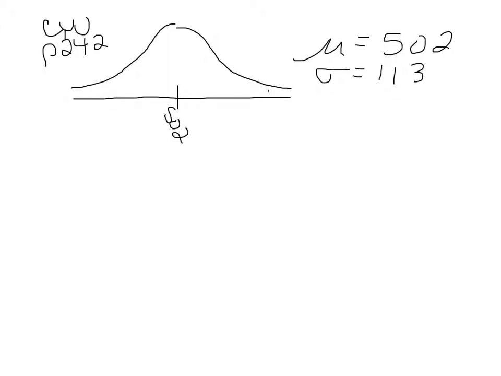Then you draw lines at the ends, and then cut it into 3 equal spaces on each side. To get the values for that, you will use the standard deviation. So you will subtract the standard deviation to go to the left. The standard deviation is 113.